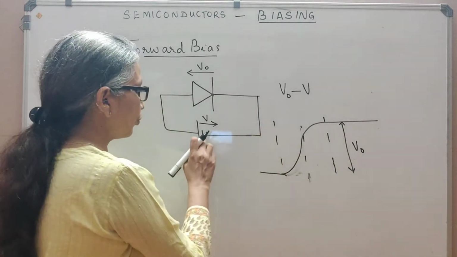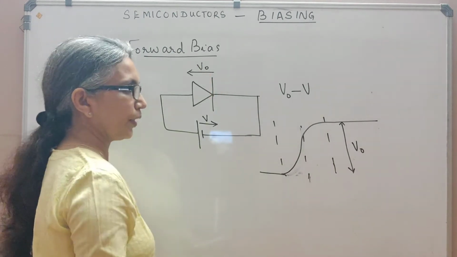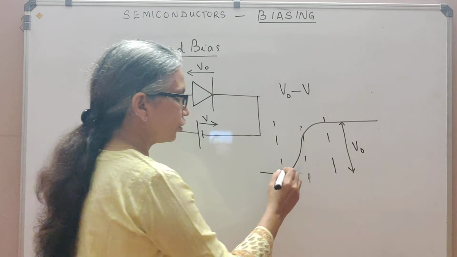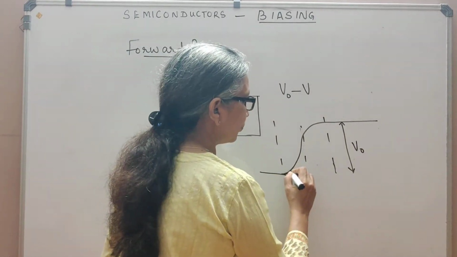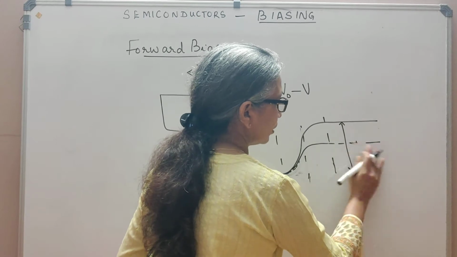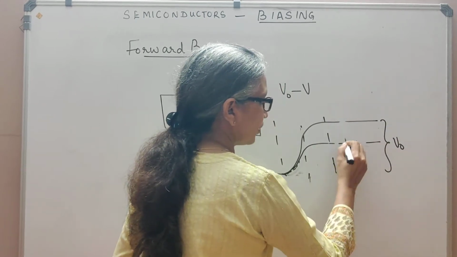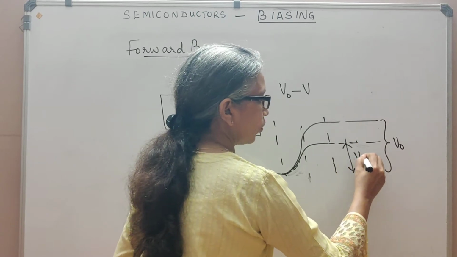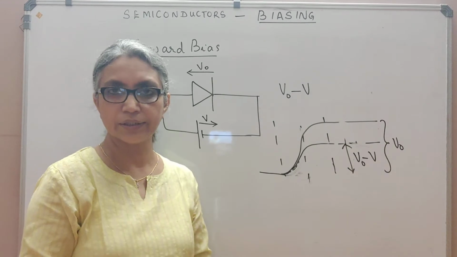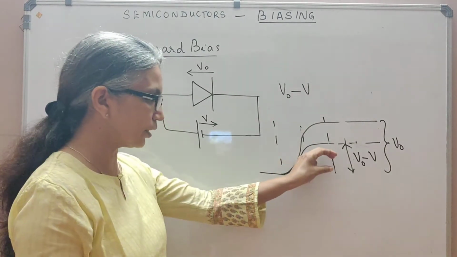Now on the application of an external voltage which is opposite to the potential barrier, the net potential across the barrier decreases and you will see that this will now be something lesser. So the whole thing is V0, but this much will become V0 minus V. So by applying such a forward bias, what are you doing to the potential barrier? It is decreasing.